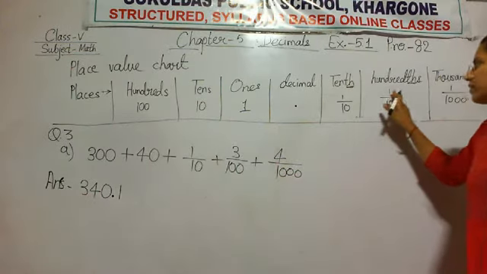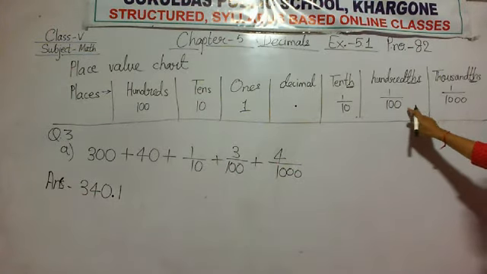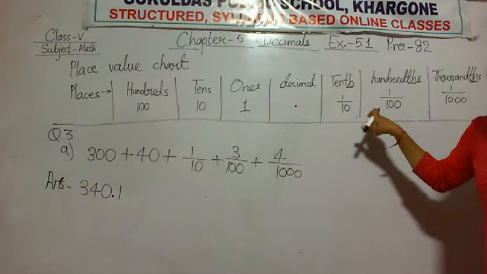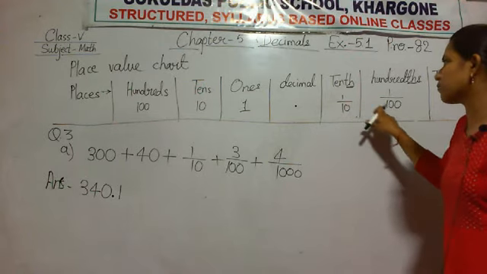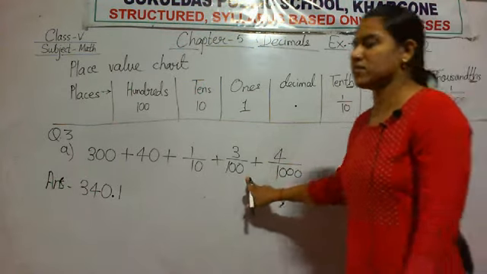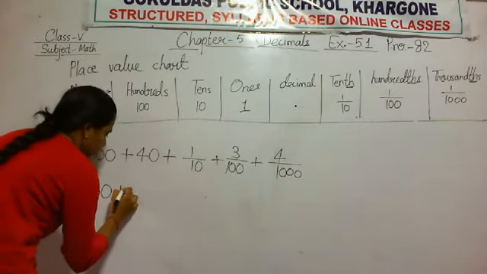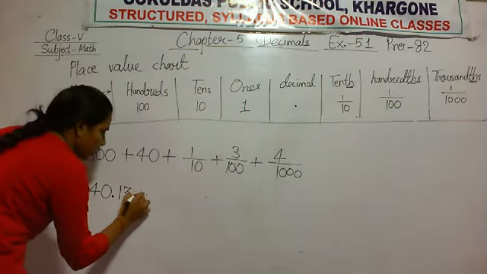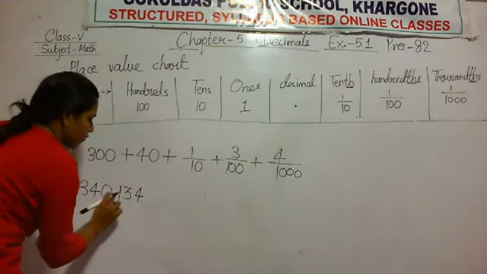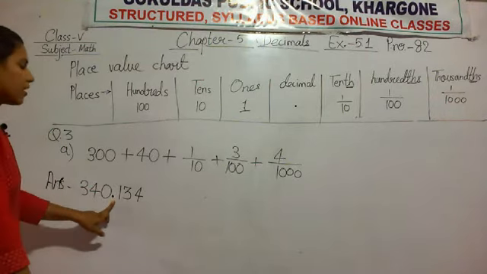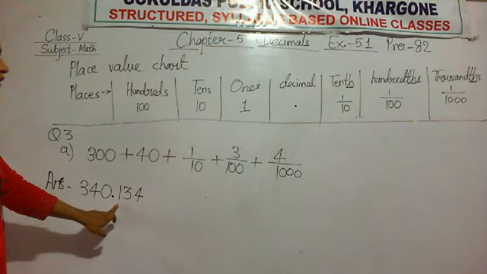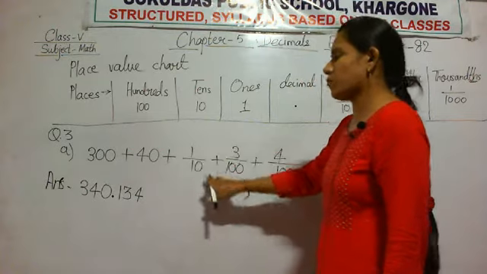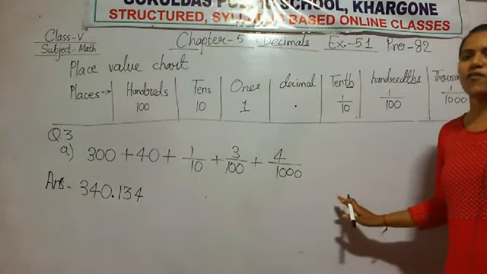Then 3 upon 100 comes to the second position right of the decimal, so you will write the numerator only. Here 4 upon 1000, so 4 will come at the third place right of the decimal. So this is how 340.134 is the short form of 300 plus 40 plus 1 upon 10 plus 3 upon 100 plus 4 upon 1000.